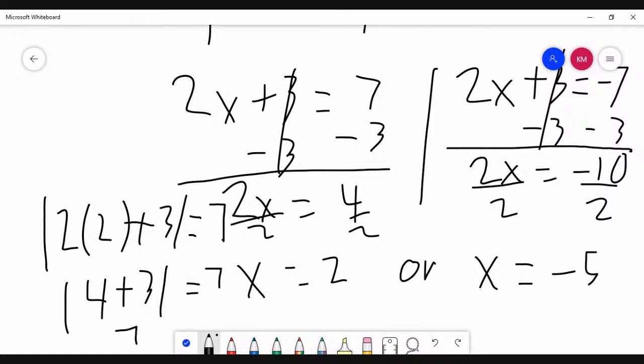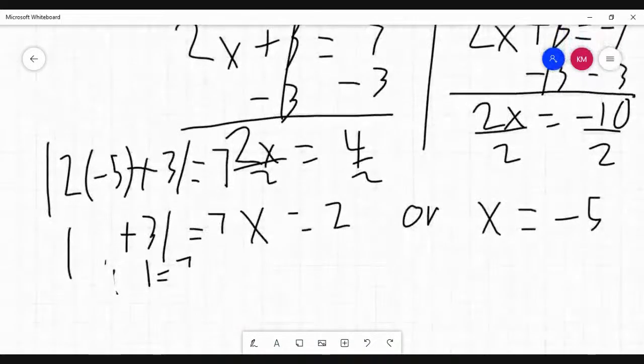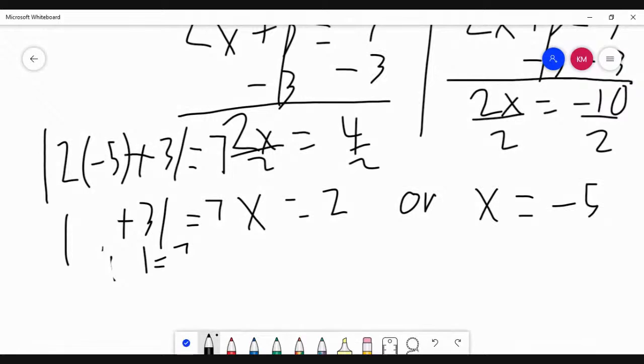And of course, 7 equals 7 because the absolute value of 7 is still 7. Now, if I put in my negative 5, two times negative 5, that's a negative 10.